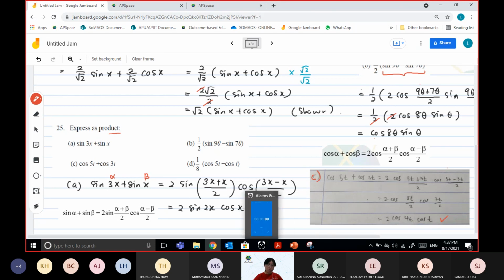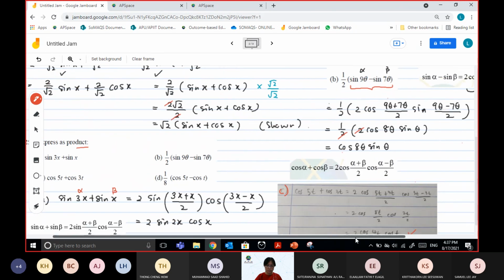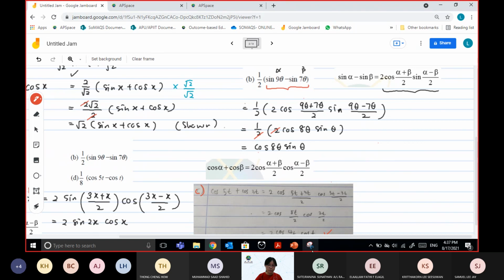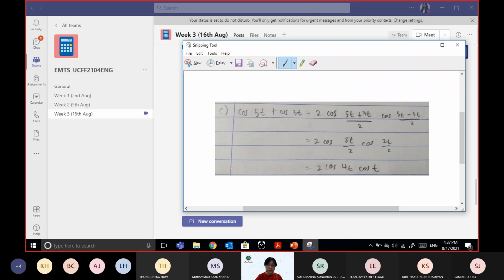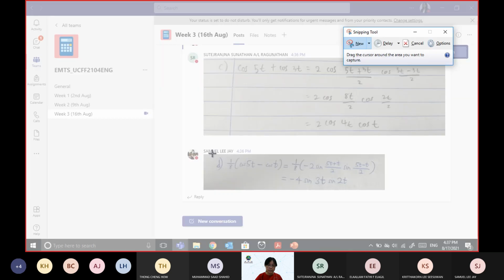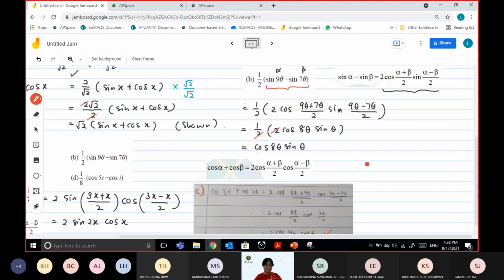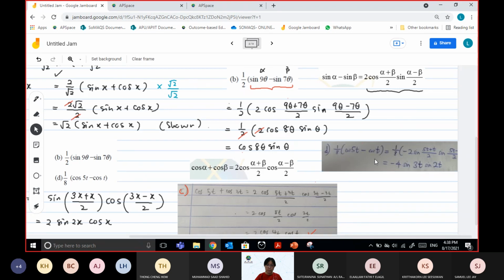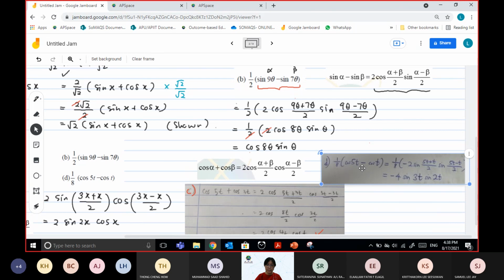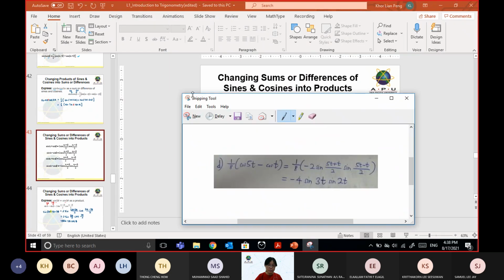Next one is for D. Okay, so this is a solution for D. For D, because it involves cos minus cos, we use the last formula.